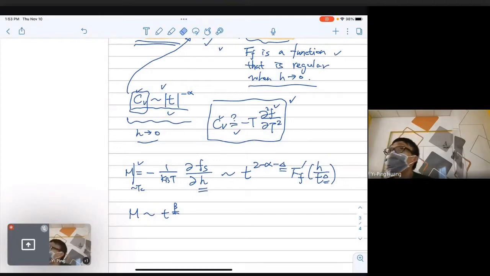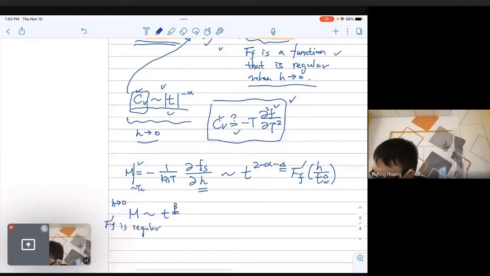Then from here, if you send h to 0, and you assume that the first derivative of this function f is regular, which is also a guess or an assumption, then by comparing these exponents, the critical exponent beta is equal to 2 minus alpha minus delta.